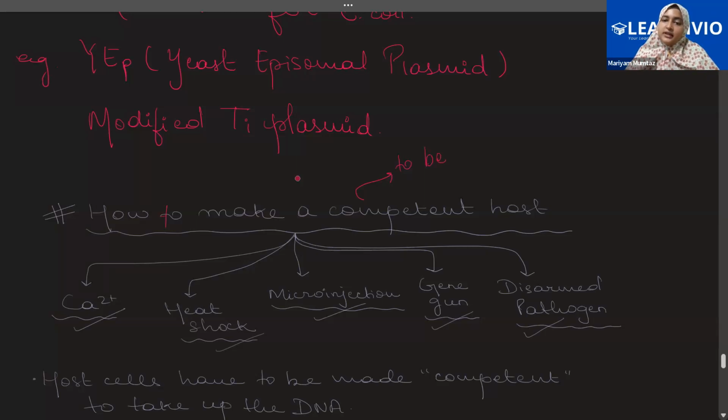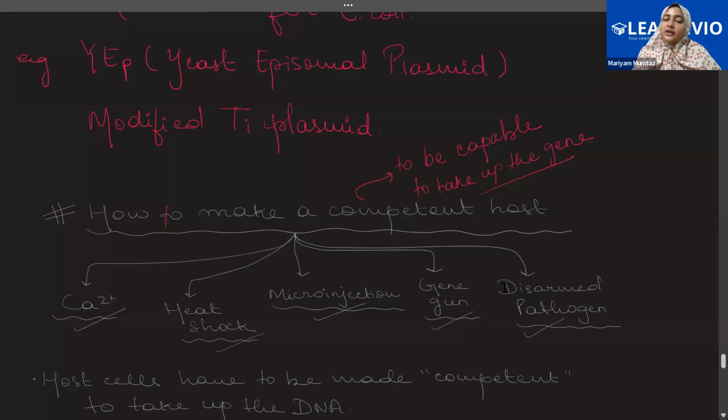The word competent means to be capable to take up the gene. Meaning so that it will easily take up the gene that you're transferring into it. So that is what we mean by making a host cell competent.